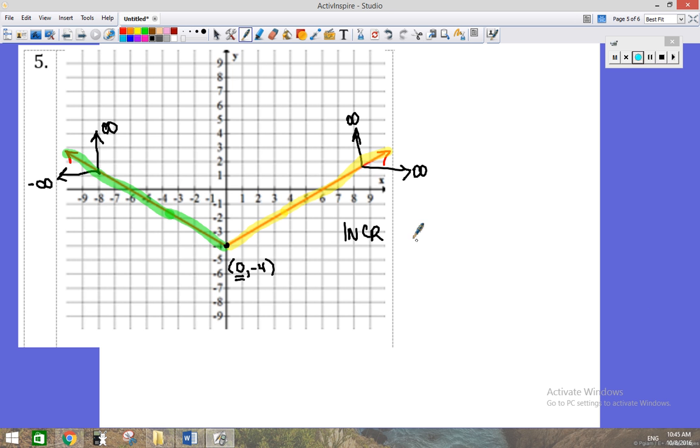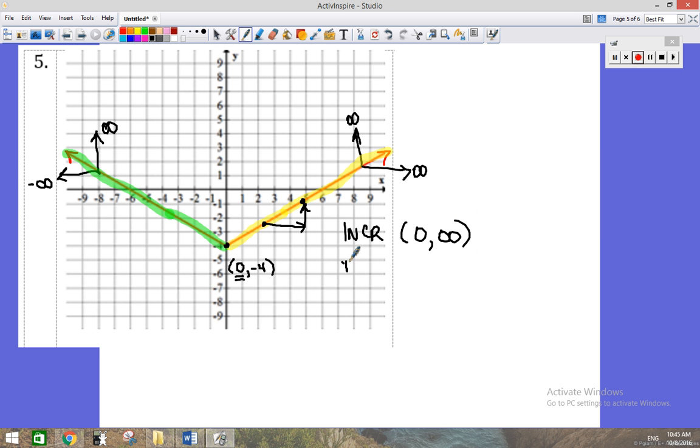So here, 0, and any 2 points in the region that we've shaded in yellow, if their x coordinates are bigger than 0, as x increases, y will also increase. So from 0 forever, all the way to positive infinity, that'll be true.